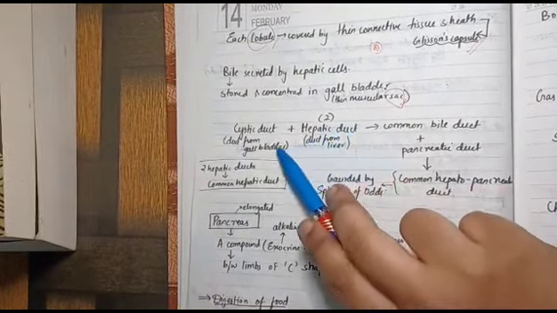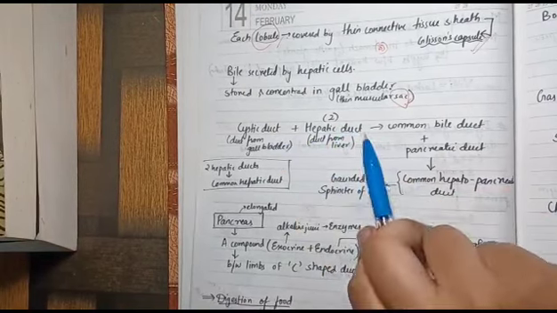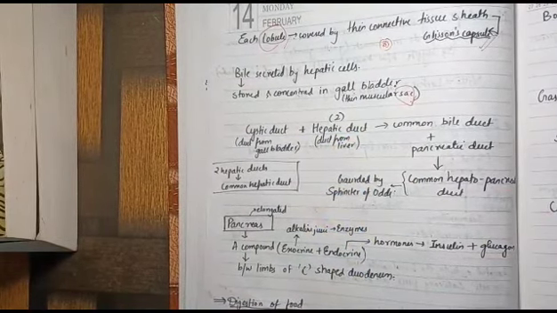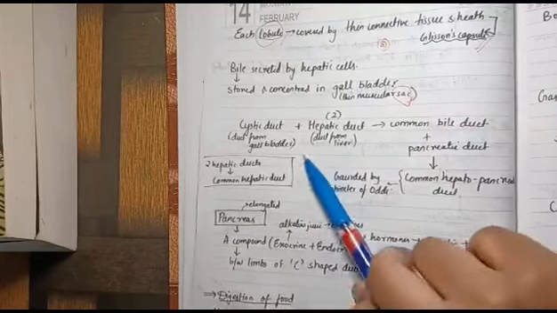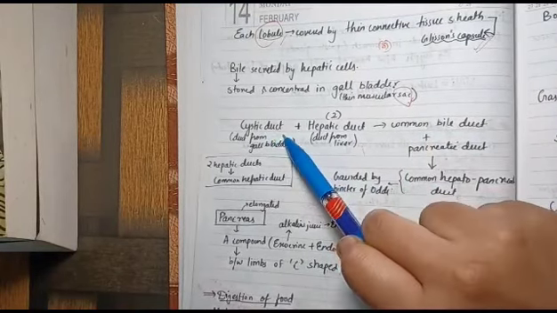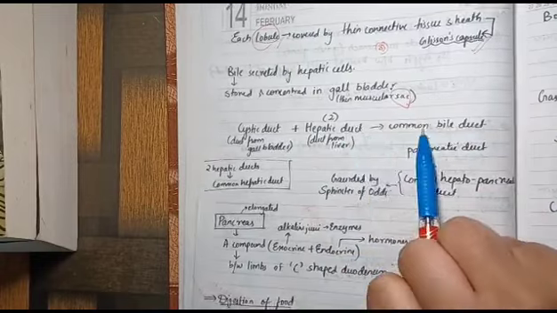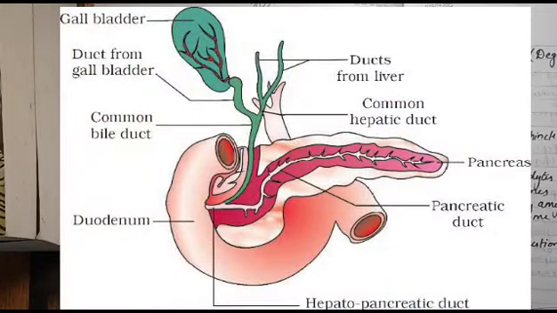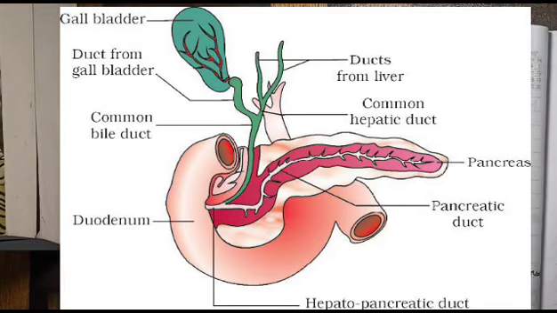Now next, coming to the ducts. A duct is like a tube containing the secretions of each organ or each gland. Now the cystic duct plus the hepatic duct forms the common bile duct. For better clarification, you can see the textbook. The textbook has the picture, I'll insert it as well.